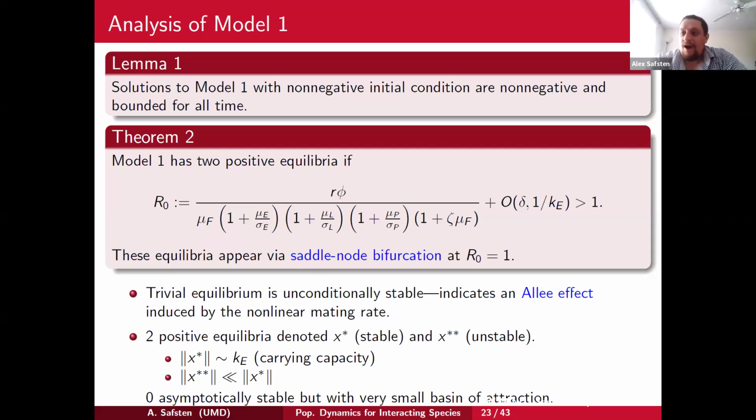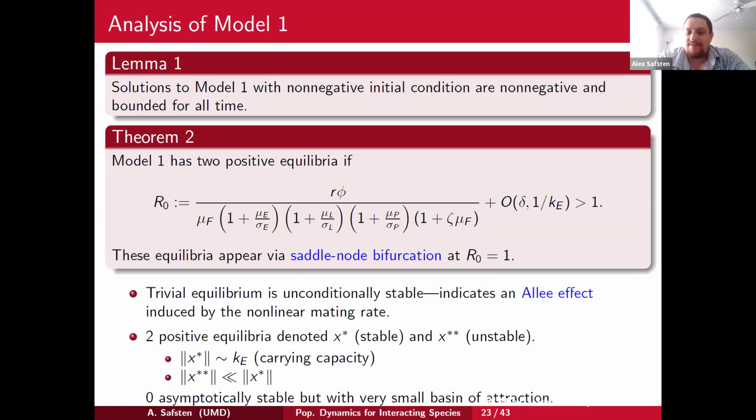And it indicates that if R naught is less than 1, that is the only equilibrium, and it is globally stable. Well, that's a separate proof, but it is globally stable, and all solutions lead to death for mosquitoes. But if R naught is bigger than 1, then there are actually two other equilibria.